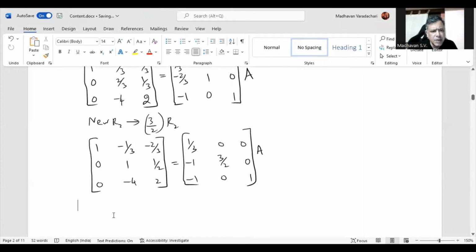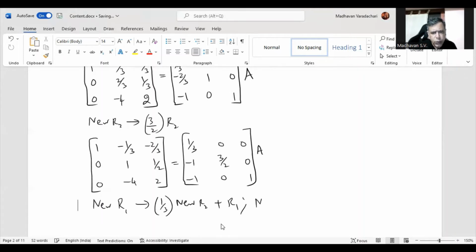Now, the next step is to make this element as 0 and this element as 0, for which that means we are going to change the existing row 1. So we are calling it new row 1 is equal to 1 by 3 times new row 2 plus row 1. That is for our new row 1.